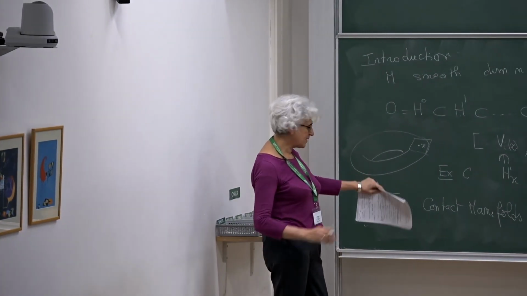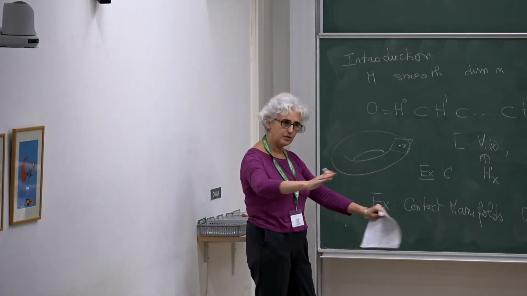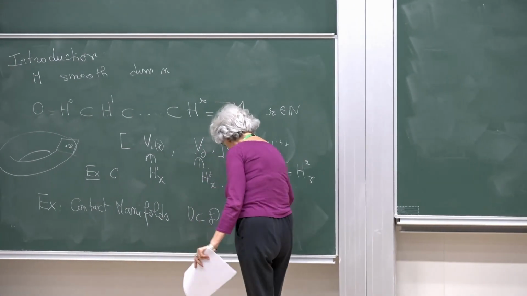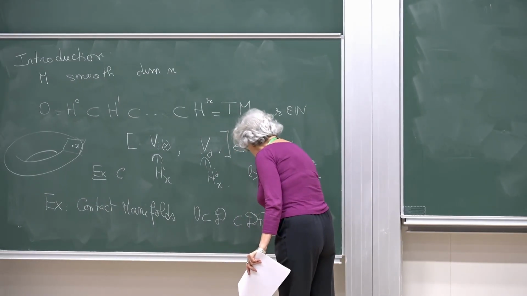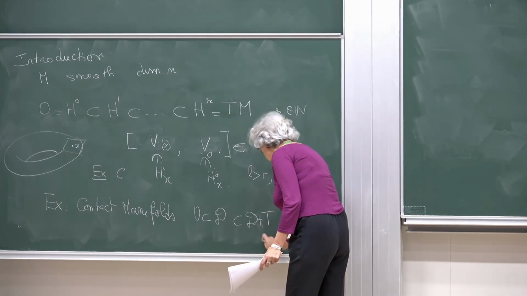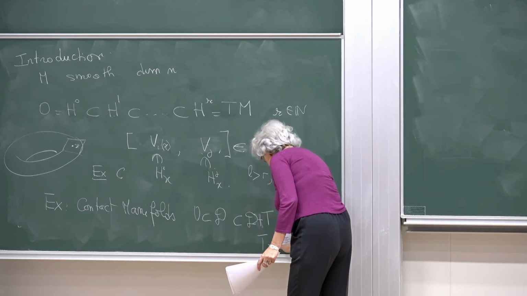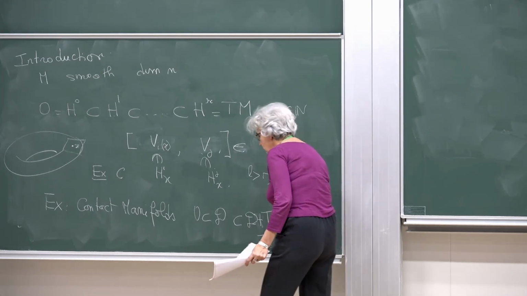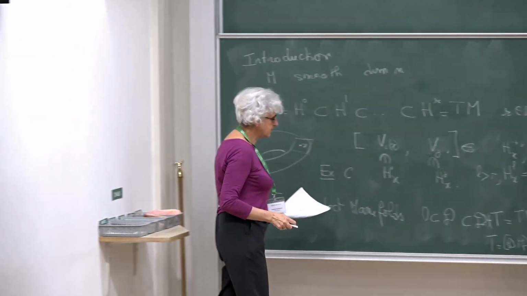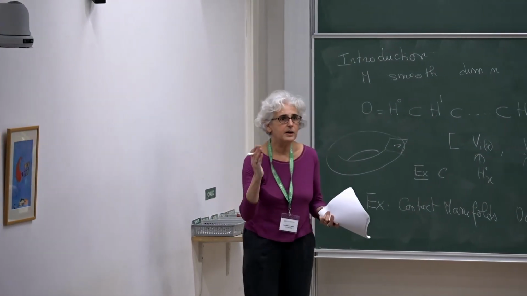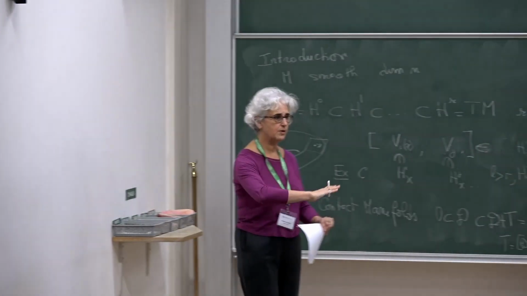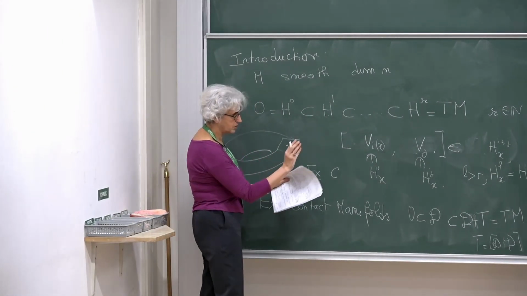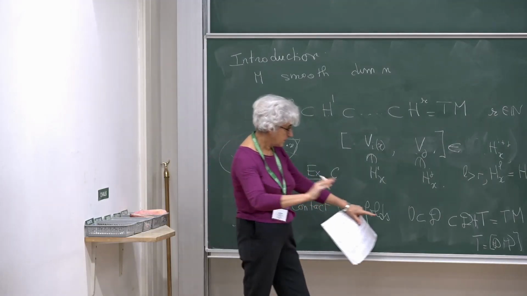So for contact manifolds, you have this horizontal distribution H, and then the full space is just H plus what I call T, which is obtained by commutation between H and H, and this gives all the tangent space to the contact manifold. So this is a basic example when r equals 2. Above each point x, you have a horizontal distribution, a range of vector fields.